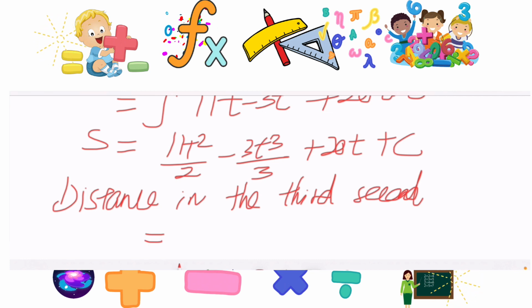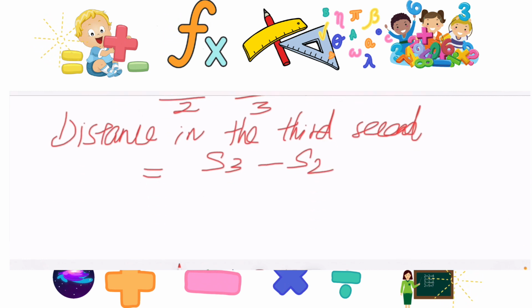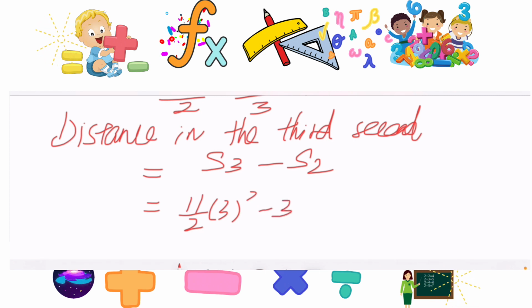So in order to find the distance in the third second, we need to find the displacement of the particle in the first 3 seconds minus the displacement of the particle in the first 2 seconds. So let's substitute 3 into the displacement function.